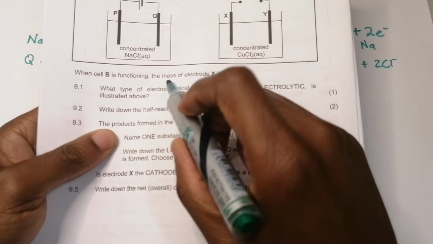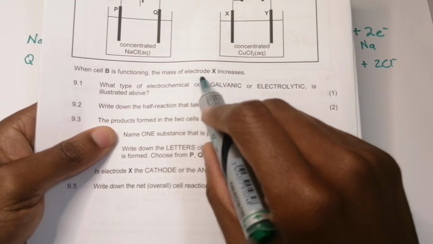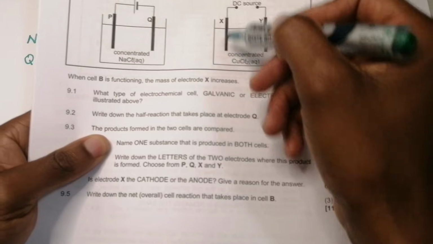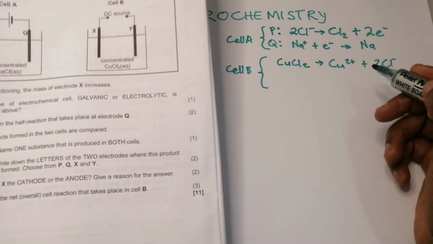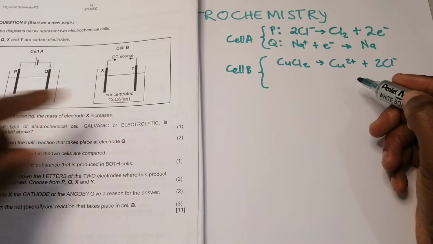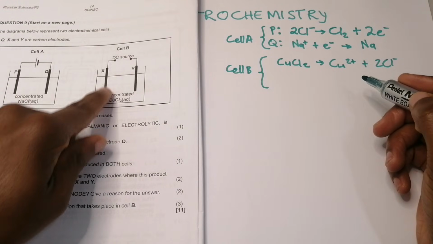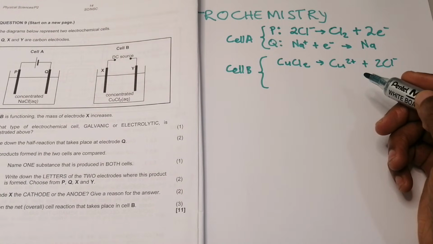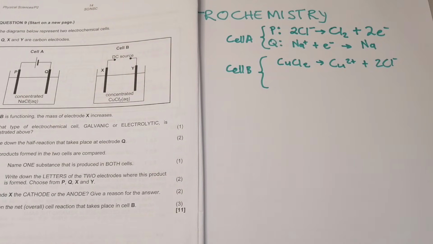They said on cell B, the mass of electrode X increases. What are they in fact trying to tell us by the mass increasing? It would mean that this is where we are forming the copper, isn't it? This is the side that would be undergoing reduction.